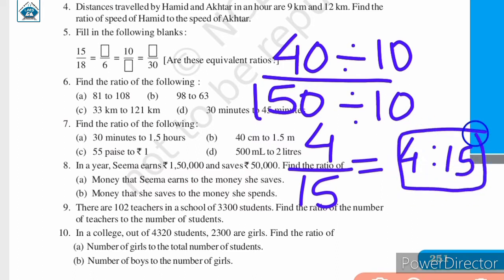So this is our required ratio. So इस क्वेश्चन में भी हमने पहले मीटर को सेंटीमीटर में कन्वर्ट किया, and then rest of the process is same. We will just simply write them in the ratio, and the numerator and the denominator will be divided with their highest common factor. तो उसके बाद हमें required ratio मिल जाएगा.